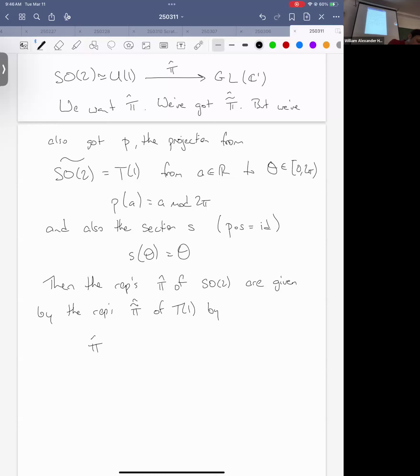So our representations we care about are given by the representations of the universal cover, of an element in the group of the universal cover given by the section of the group element of the original group. And we know that the representations of the universal cover are classified by P. So our representations of SO2 are classified by P.